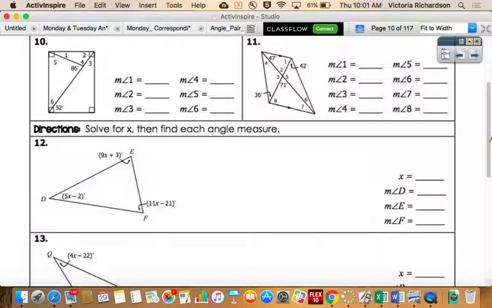Number 10, you have a rectangle, and inside that rectangle is divided into triangles. So we'll start with the bottom right here, because I know this is a 90-degree angle, and I can subtract this angle from it in order to get angle 6. So 90 minus 52 is 38.